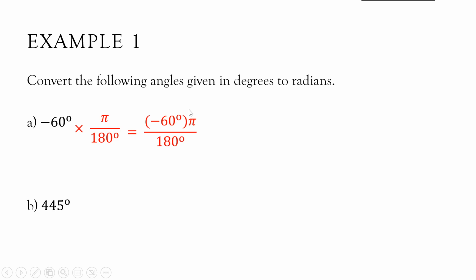Well, 60 goes into itself one time, 60 goes into 180 three times, leaving me with negative 1 pi divided by 3, or just negative pi over 3. Again, notice here that I did not put pi over 3 in my calculator and get some decimal value. We are just leaving the pi's alone in this case.